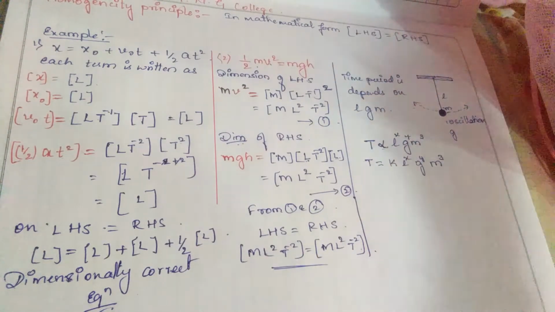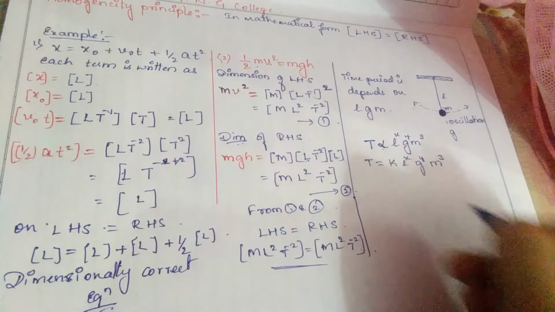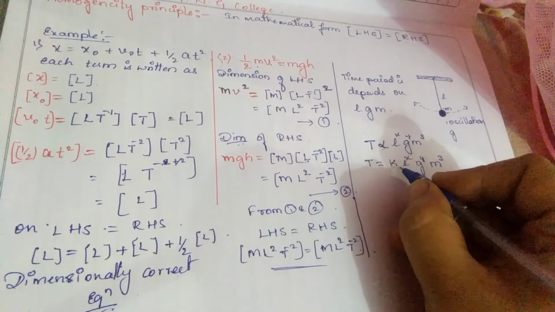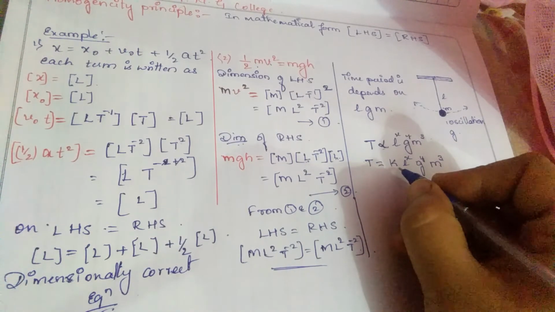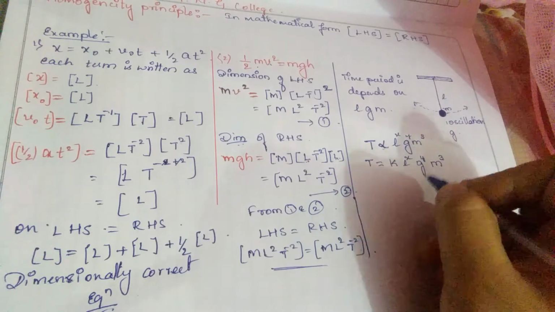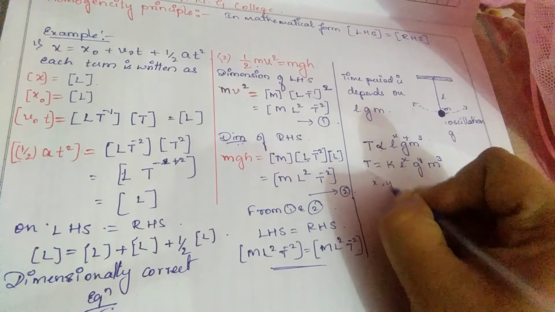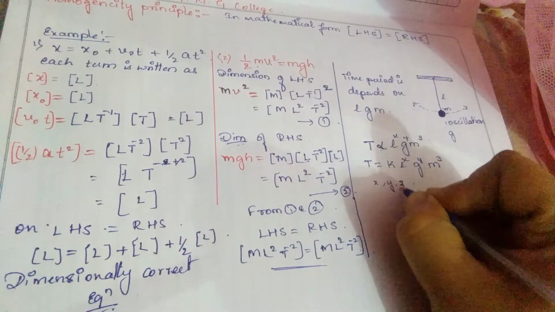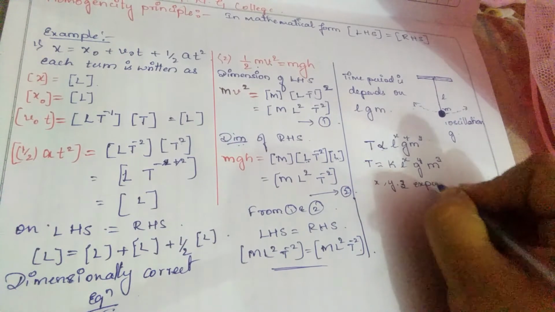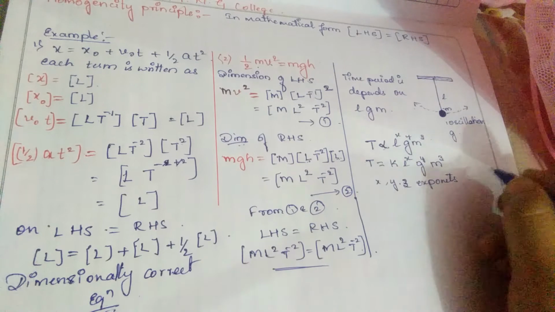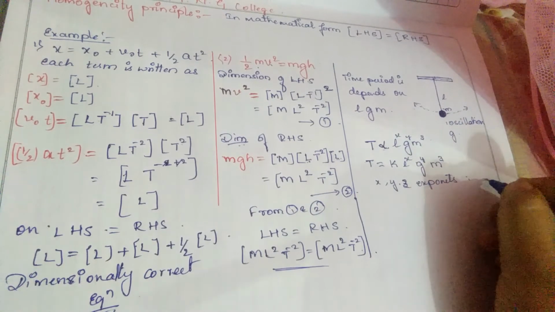Okay, so k is dimensionless, means that it is a constant, and x, y, z are exponents, because we don't know the exponents of the dimensions.